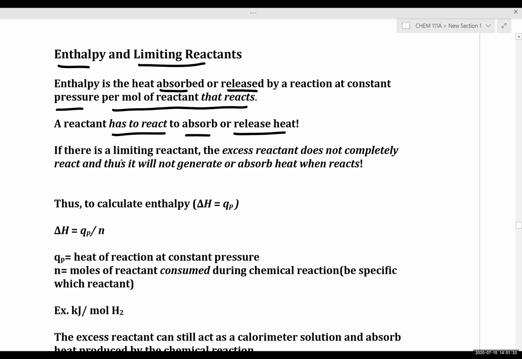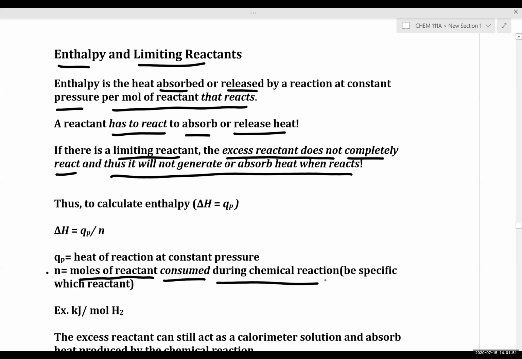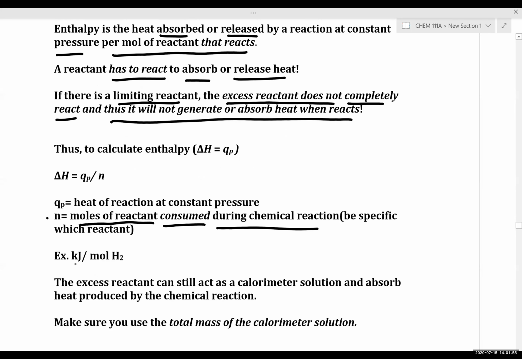If there is a limiting reactant, the excess reactant does not completely react, and thus it will not generate or absorb heat. Thus, to calculate enthalpy, we take the heat of reaction over the moles of reactant that are consumed during the chemical reaction. For example, we can write this as kilojoules per mole of hydrogen.